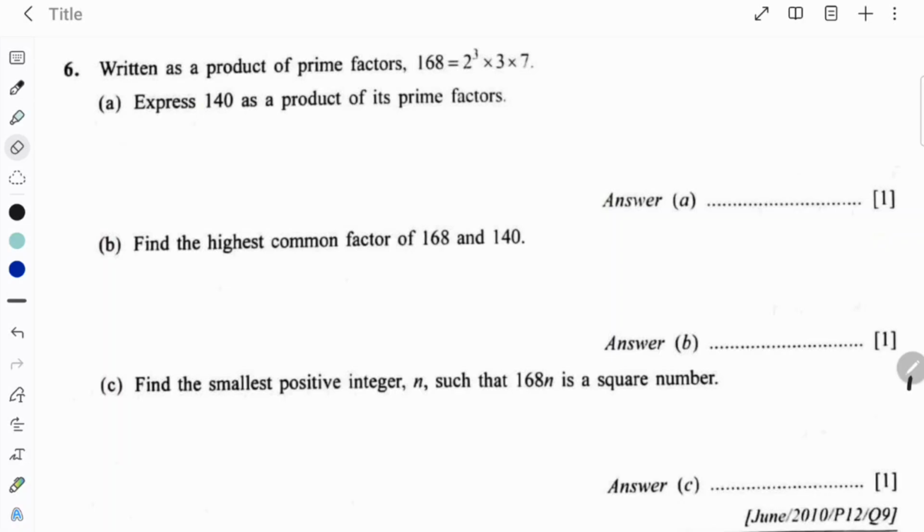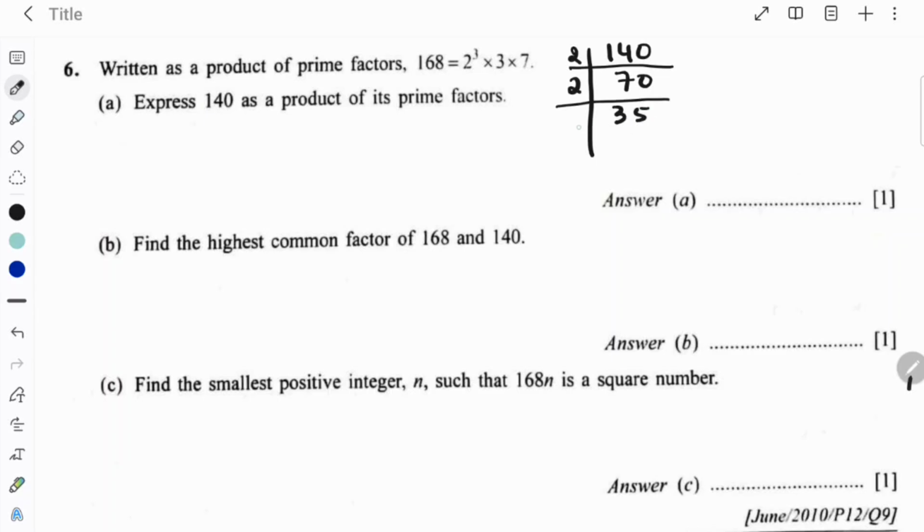Written as a product of prime factors, 168 is equal to 2 cubed into 3 into 7. Express 140 as a product of its prime factors. For 140, 2 times 2 times 7 is 14, so 70, and then 2, 3, 5.